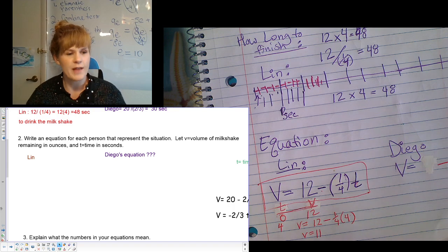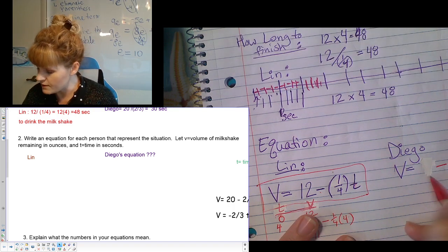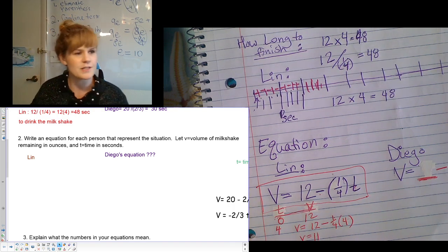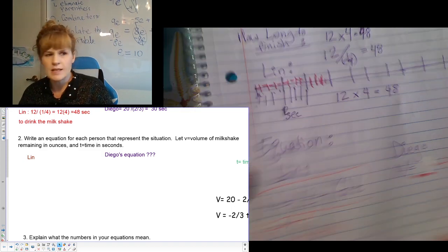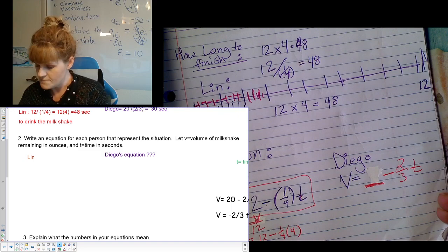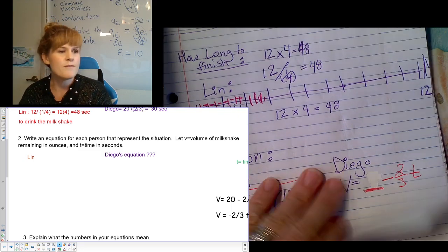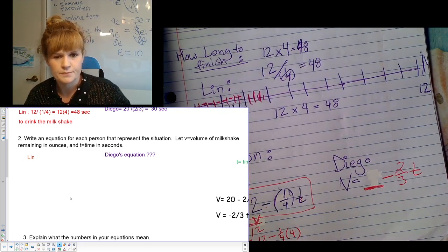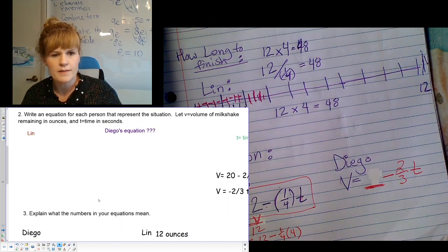I'm going to let you fill that out. Remember, this is the starting volume, and I'm going to make sure you're not just copying me. Put in the starting volume for Diego into his equation. And you can make a table if you need to prove it to yourself. Okay, let's keep going on the assignment.